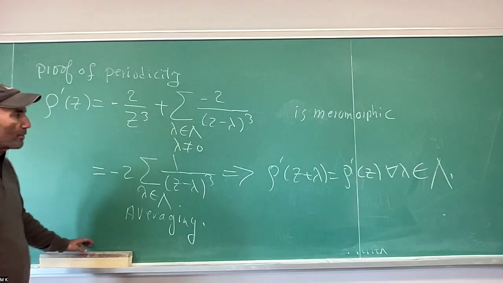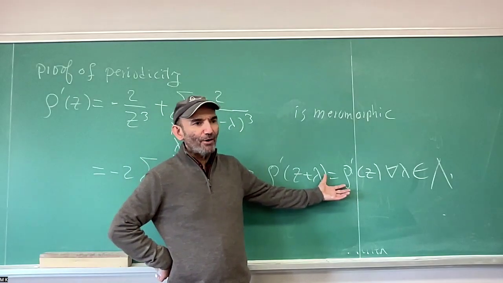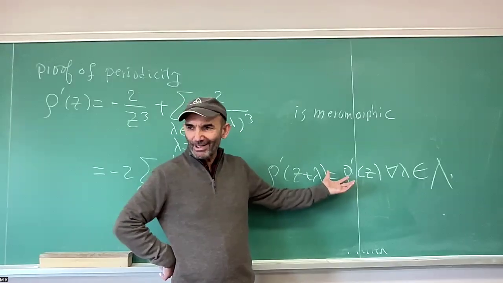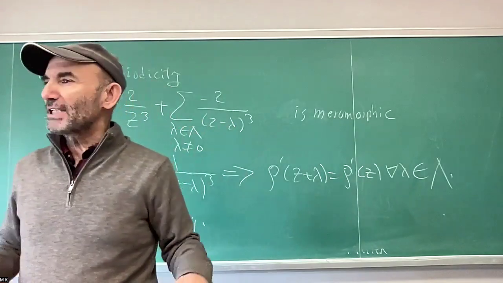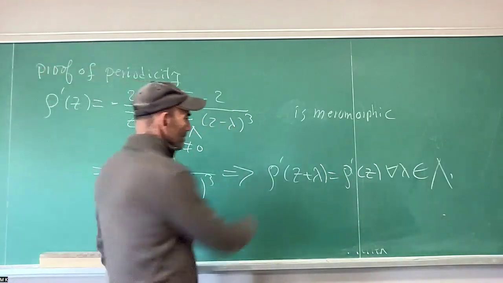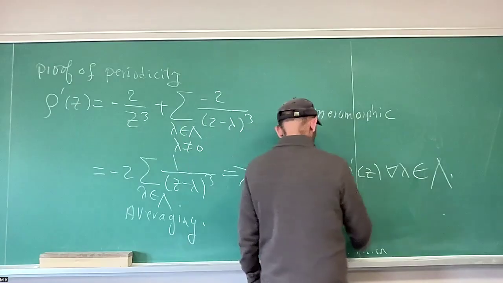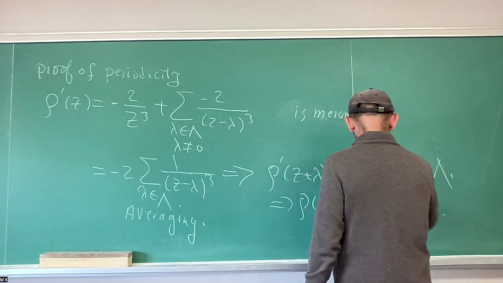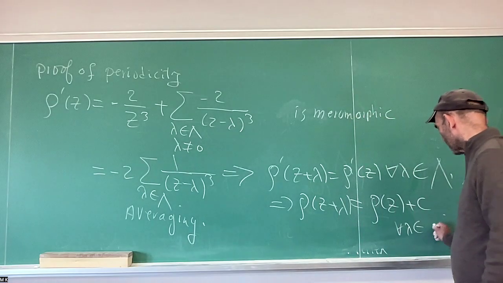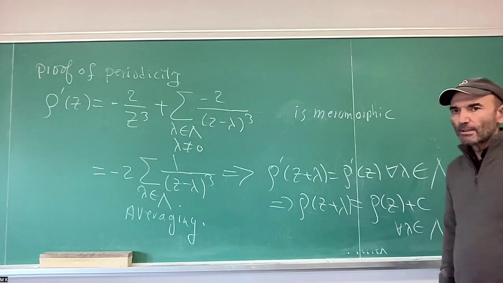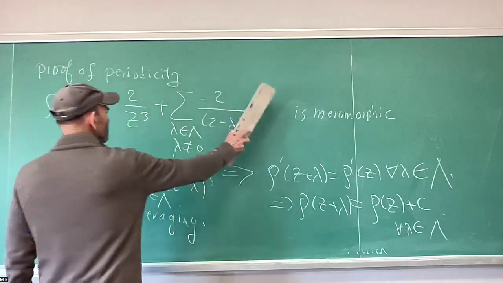Okay, so now we have this equation. You have two functions whose derivatives are equal on this connected open subset of the plane, which means that the difference is a constant. So it shows that P of z plus lambda must be equal to P of z plus some constant C for all lambda belonging to Lambda. Now I have to prove that C is equal to 0. So the question is why C is equal to 0.